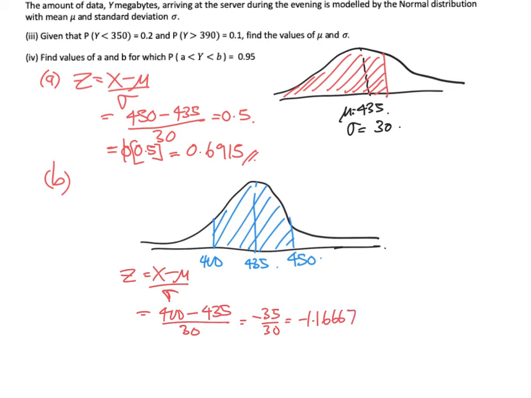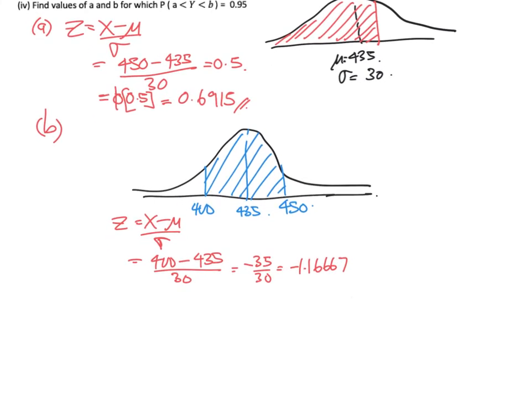Next we have to find phi of negative 1.1667. We have to use the normal distribution table, and the table doesn't have negative values, it's all positive values.